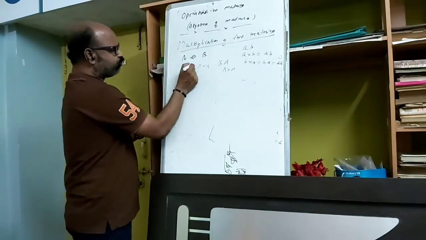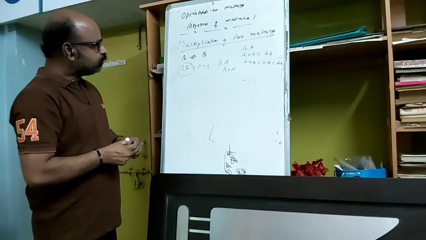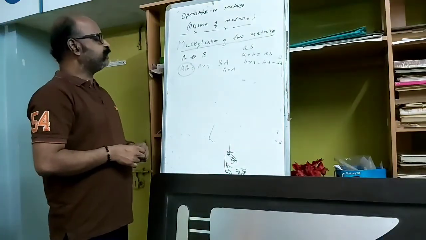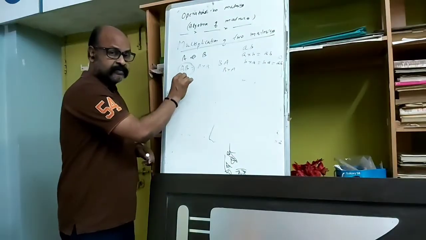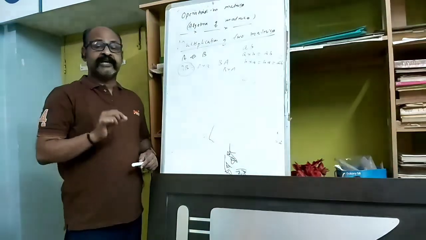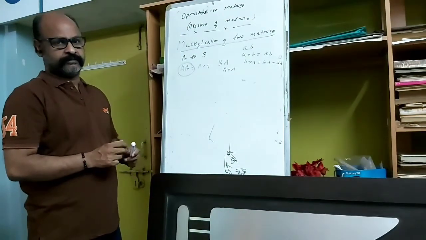First of all, we concentrate on the product AB. In the product AB, it is very clear that the first matrix is A and the second matrix is B. Which matrix comes first and which is second, that order is very important.